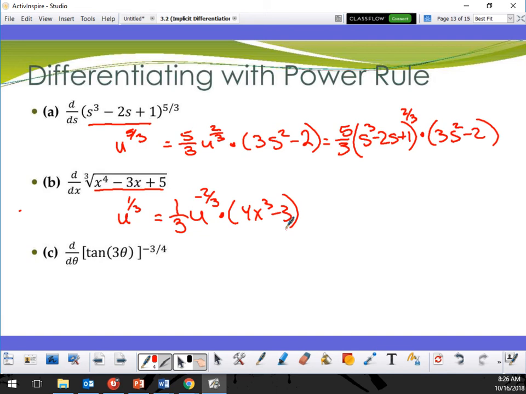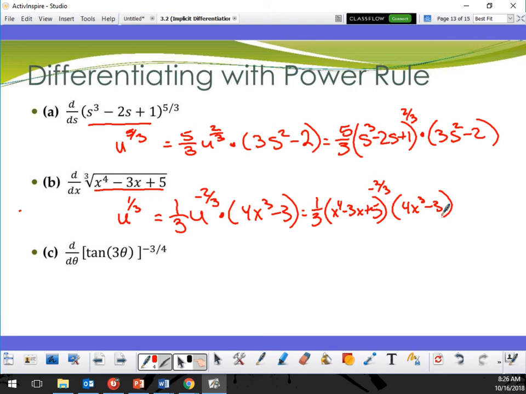Yeah, put u back in, right? Put whatever u was representative. So that's going to be my 1/3 x to the 4th minus 3x plus 5 to the negative 2/3 times 4x cubed minus 3. It's not too bad, right?